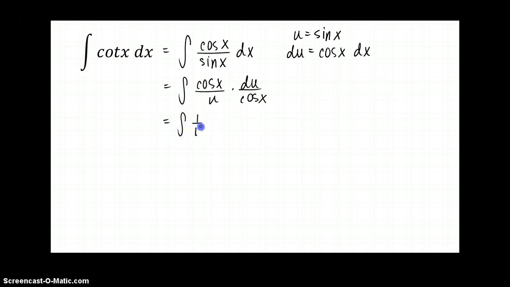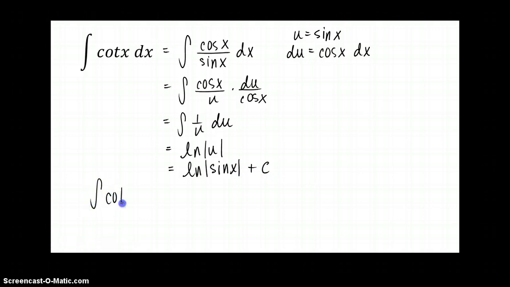So now we're just integrating positive 1 over u. So that gives us natural log absolute value of u. So natural log absolute value of sine of x plus c. So our integral rule, ln absolute value sine of u plus c.